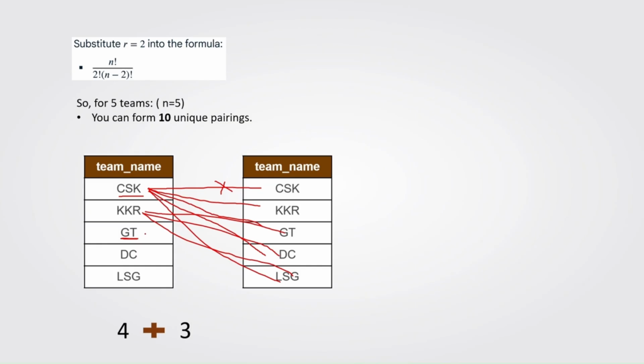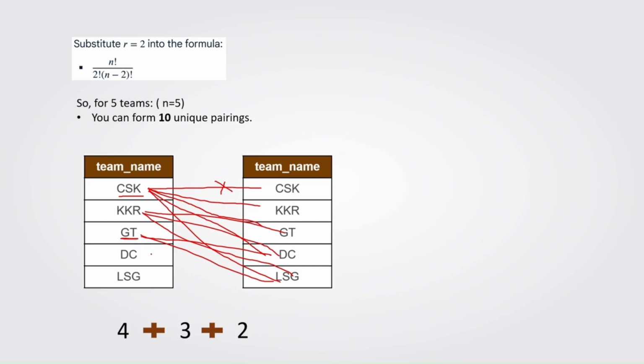GT versus CSK will be invalid because we have already taken CSK versus GT. GT versus KKR is invalid because we have taken KKR versus GT before. GT versus GT is again invalid. So there will be only 2 possible combinations from GT, that is GT versus DC and GT versus LSG.